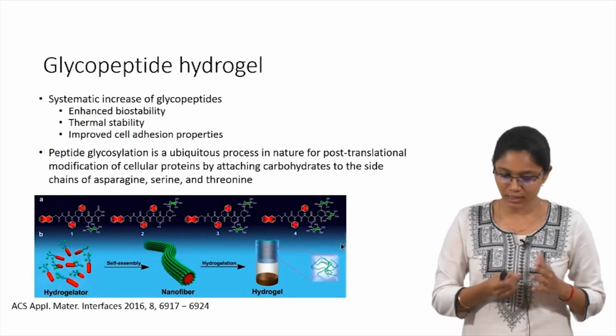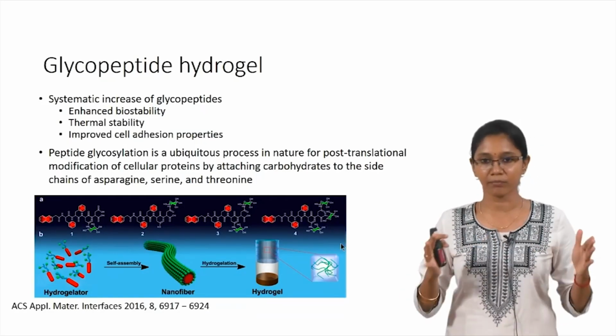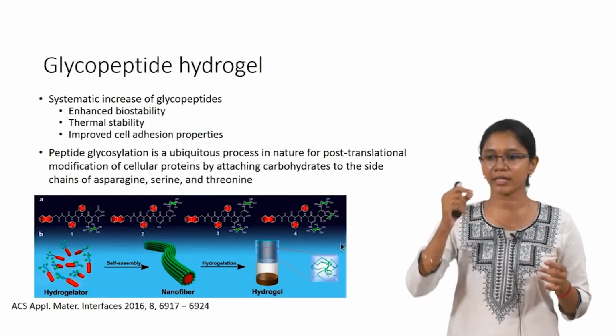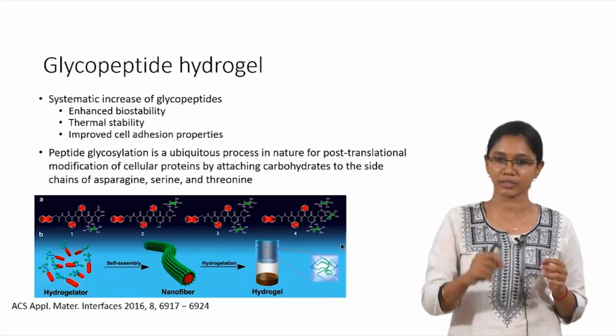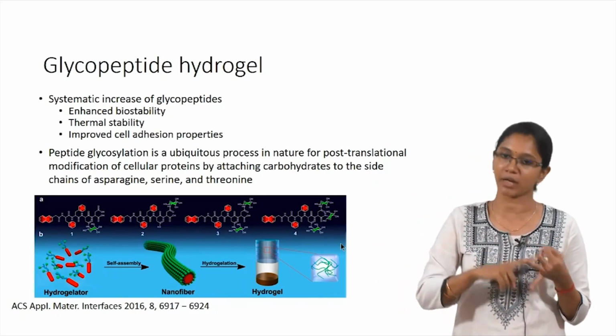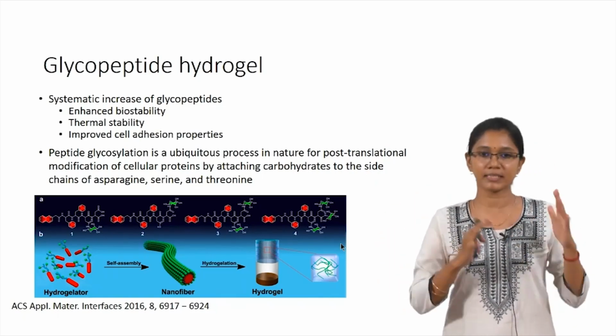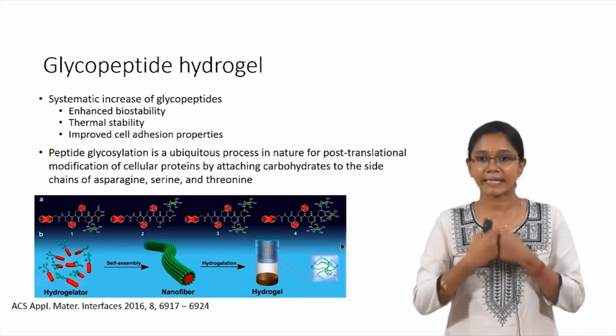Then this is a study where they have 5 different molecules. They have a peptide molecule, and in this peptide they wanted to incorporate glucose into the backbone. They wanted to see if adding glucose has an effect on thermal stability and biostability. The major disadvantage of all-peptide systems is that they are highly degradable.